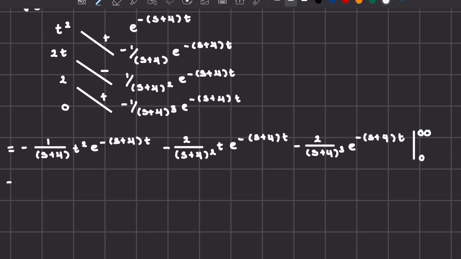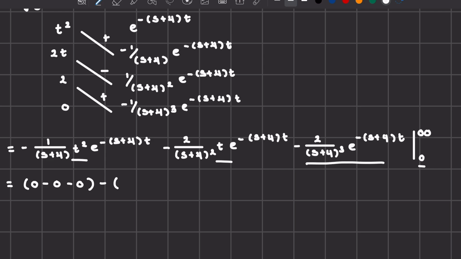Now let's solve this. We know if we plug in infinity here in all of these three components, because they all have e to the negative t, they will all just be 0. And so 0 minus 0 minus 0 is just 0. And minus, now we plug in 0 to all of these three components. Since the first and the second components here have t, if we plug in 0 to t, they will just be zeroed out. And so let's focus on the third component.